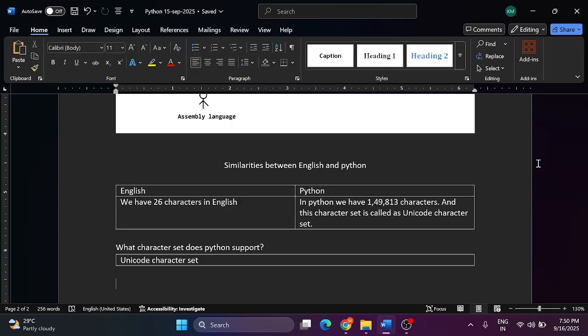Oh my god. All these characters are also there in Python. Not only these. Do you know what else we have?